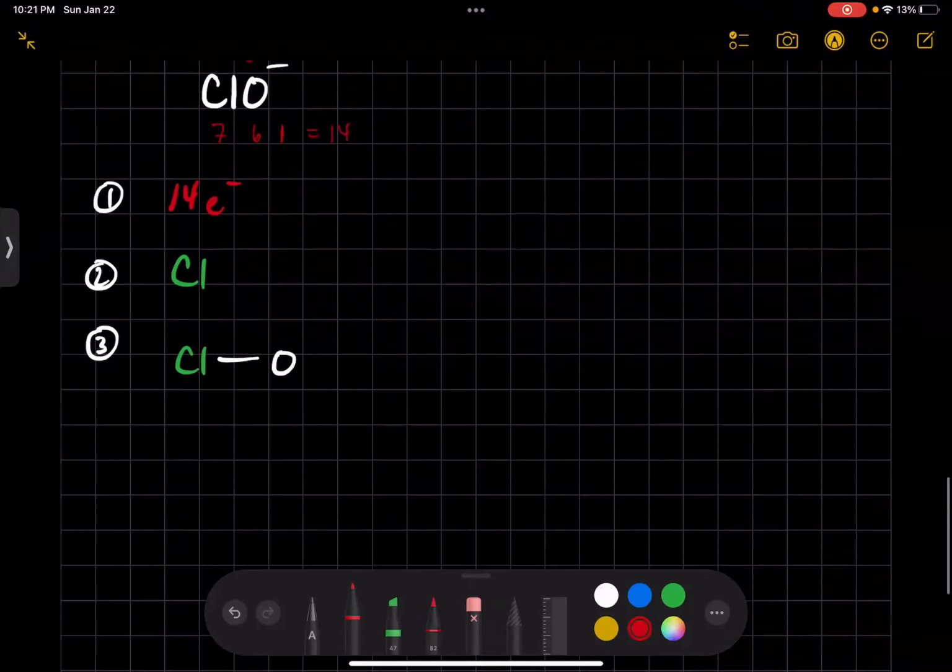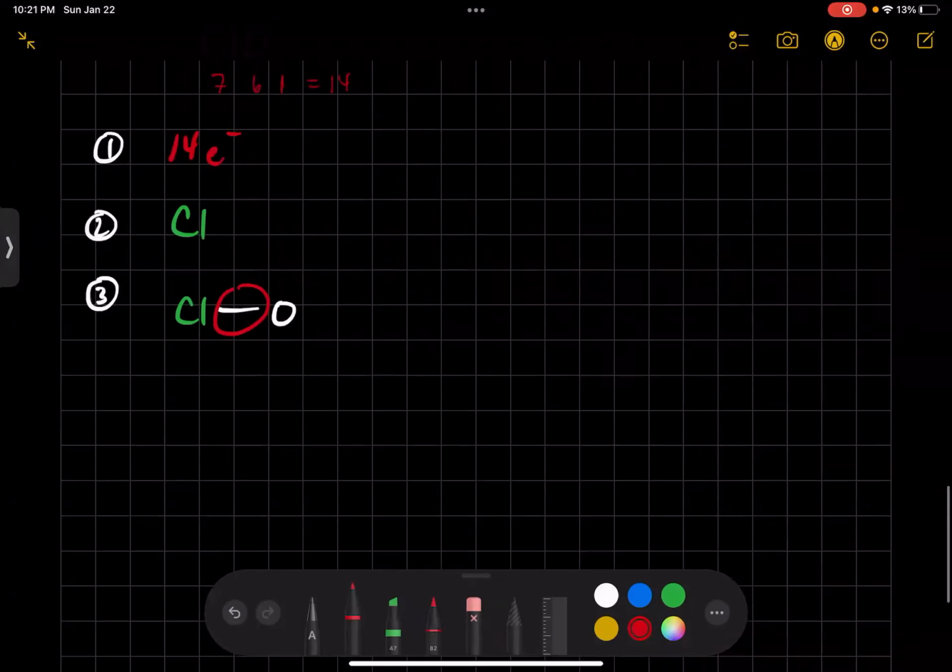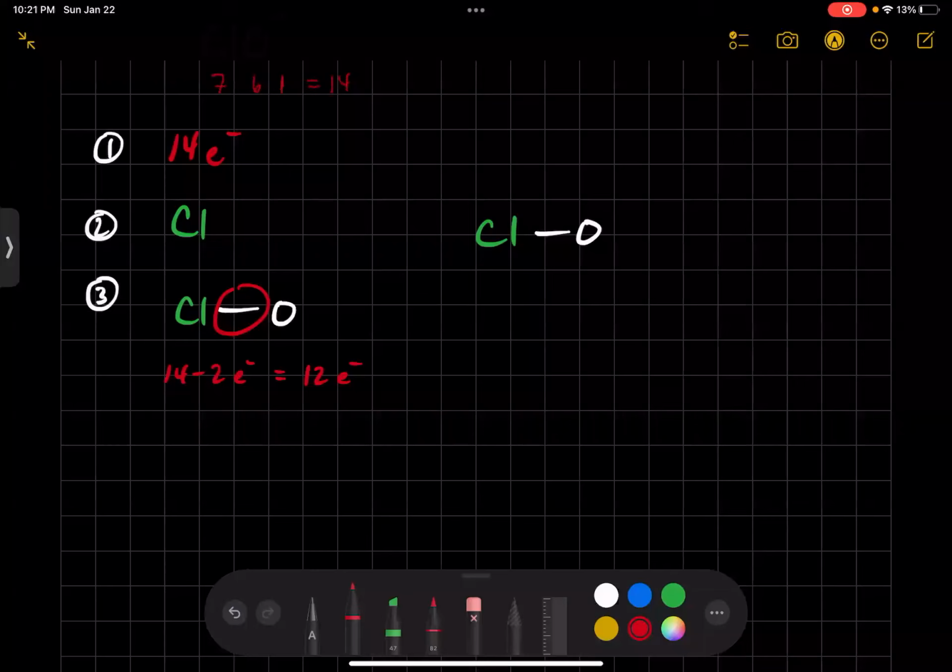Number of electrons in bonds. So I have 2 electrons in bonds. So that means I have 14 minus 2 electrons remaining equals 12 electrons left. And so now I'll draw a chlorine with my oxygen. And now I just want to allot these remaining electrons to the peripheral atoms first.